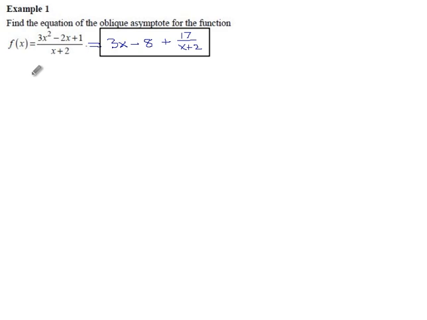You remember when we talked about horizontal asymptotes, we said anytime you have a number over x, or any power of x, when x gets very big, this whole term vanishes. Well, that's still true.